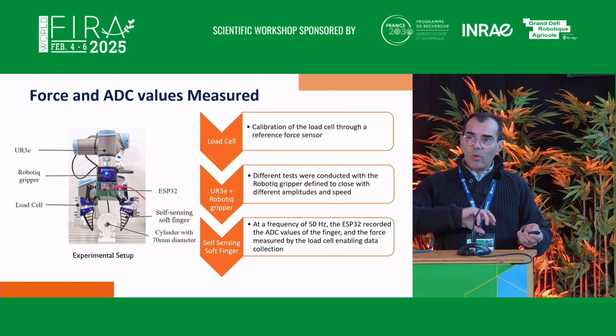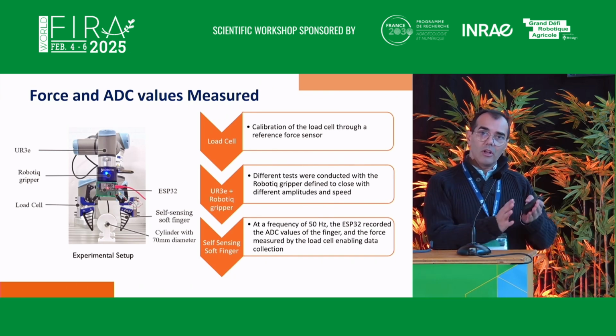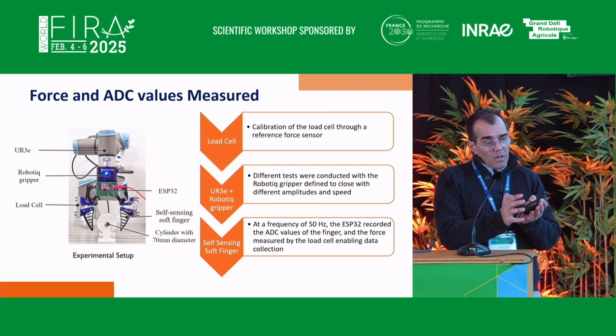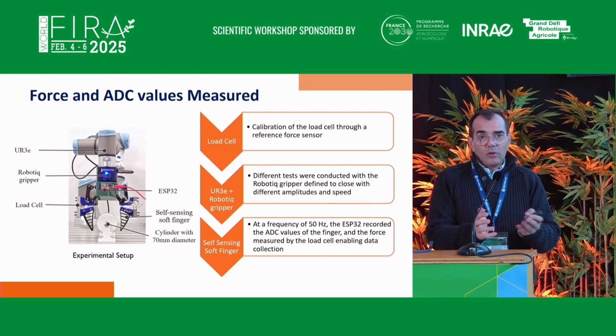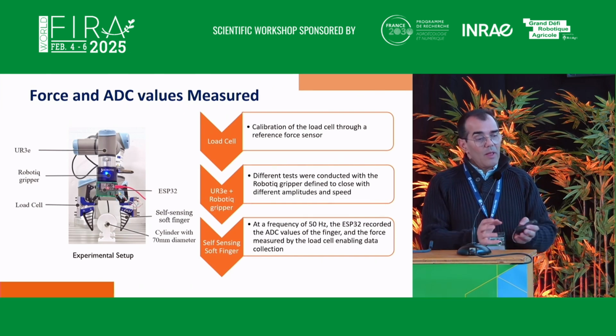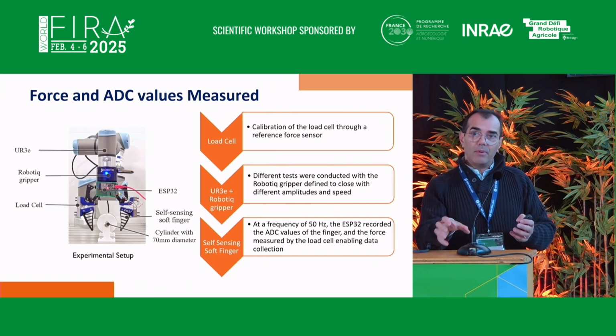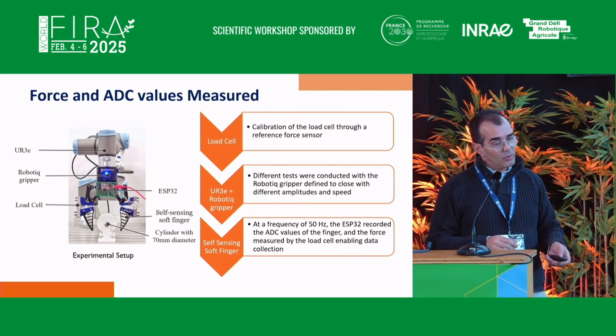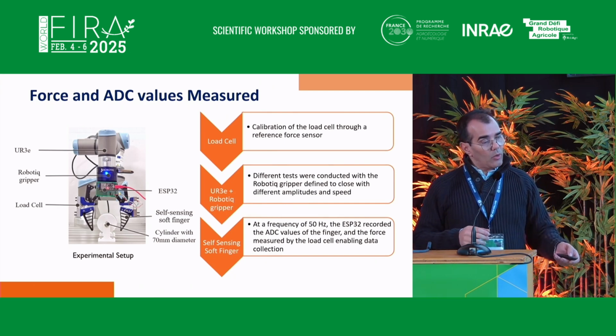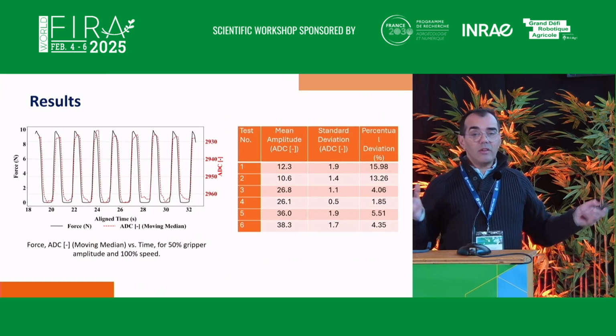So the idea was to verify if the different amplitudes of the force and also the speed that we pick up the fruit had any difference, and recorded these values. And these are the results.